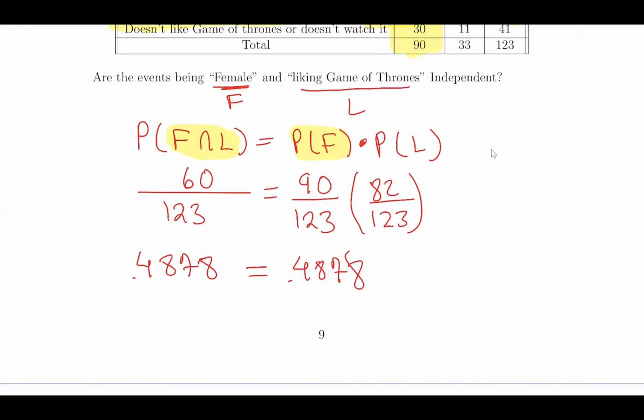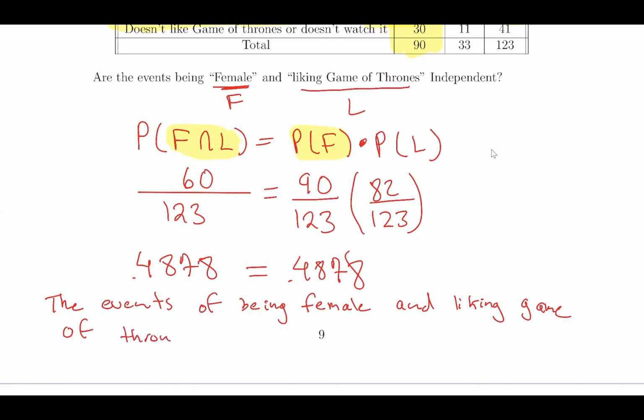So we can say the event of being female and liking Game of Thrones are independent. Cool.